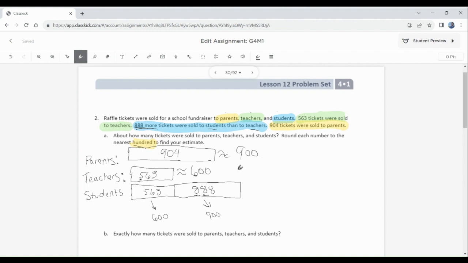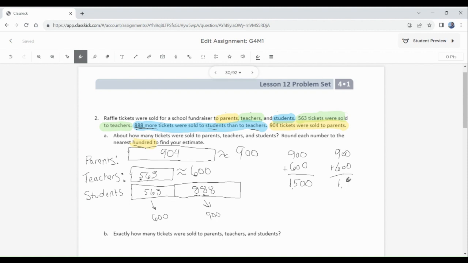So all of these numbers we need to add together. So we need to do 900 plus 600, and that will tell us the amount of parents and teacher raffle tickets. So 0, 0, and 9 plus 6 is 15 to make 1,500. And we have really the same two add-ins down here for the amount of raffle tickets the students bought, which was 900 plus 600.